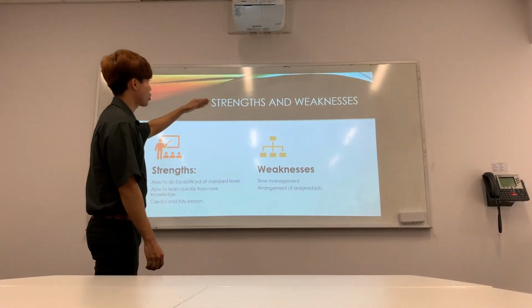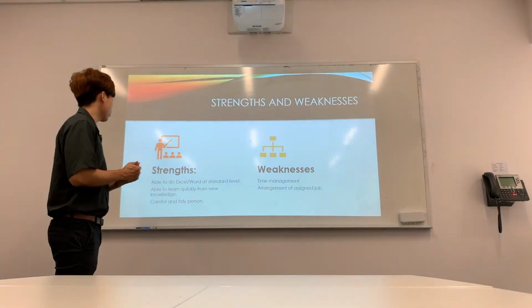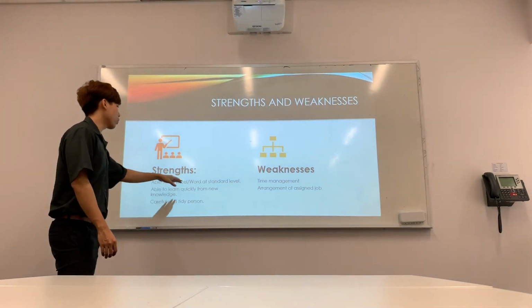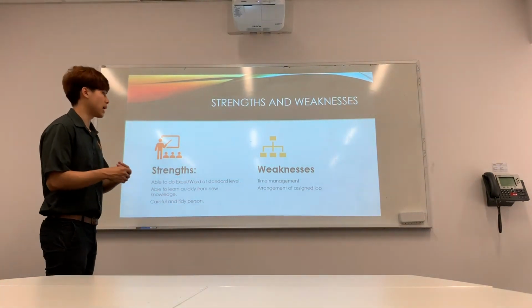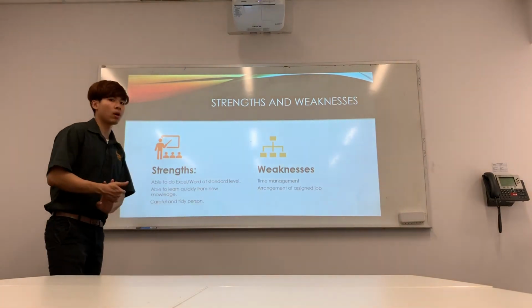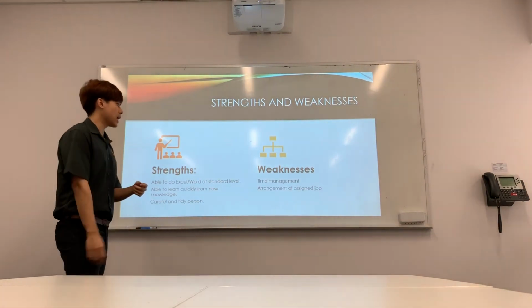And the next one is the strengths and weaknesses. I have realized there are some strengths for me. I am able to do Excel and work at a standard level. It's really important because it makes the tasks faster. And the next one, I'm able to learn quickly from new knowledge. And the last one, I think I'm a careful and tidy person.